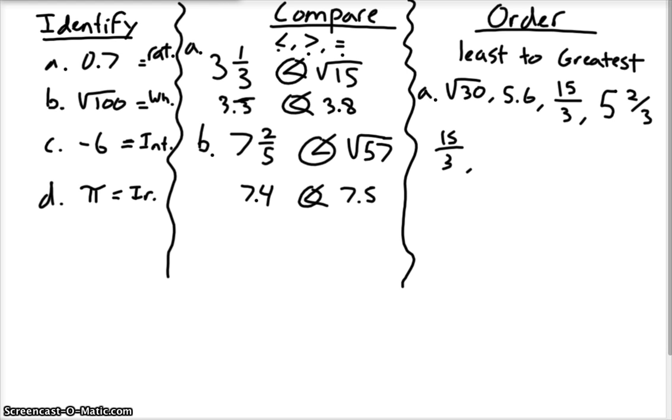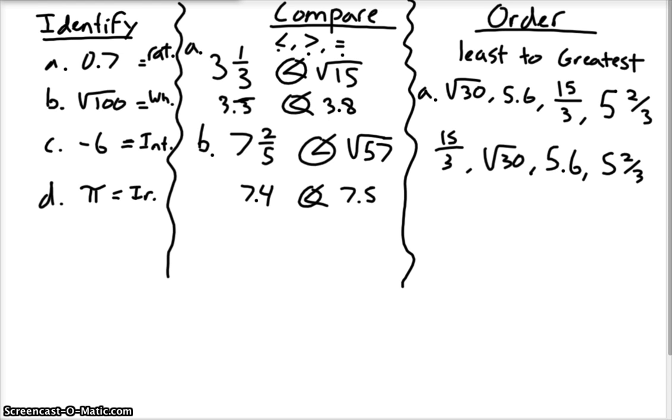So square root of 30 was what again? 5.4. So that's going to be my next one. And then 5.666 repeating is a bigger number than 5.6. So I'm going to put 5.6, and then finally 5 2/3. Alright? So pretty simple, just a little bit more work of looking at the square roots and that nature.